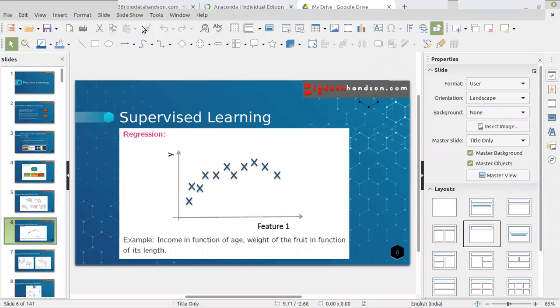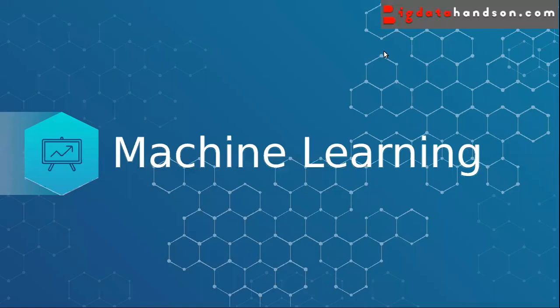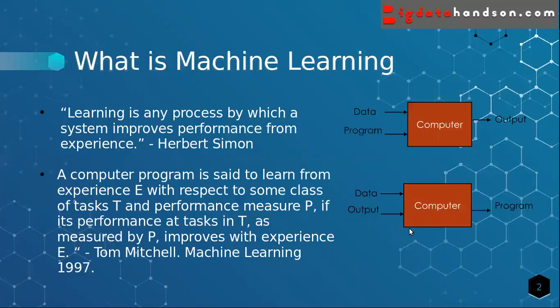So we are going to start machine learning today. What is machine learning? Machine learning is a subset of AI. Machine learning is a process in which the system improves its performance from past experience.